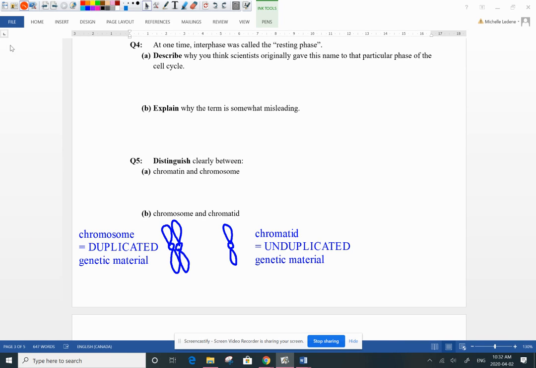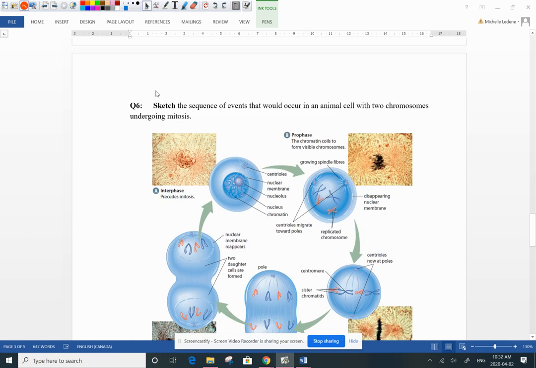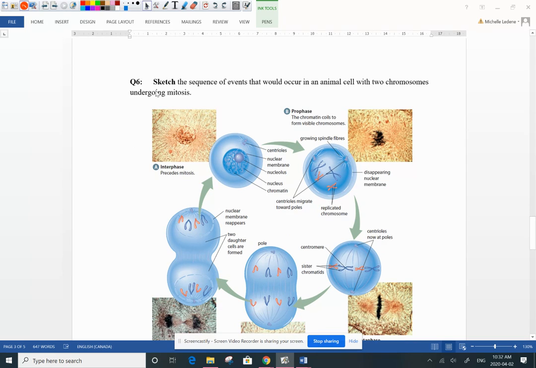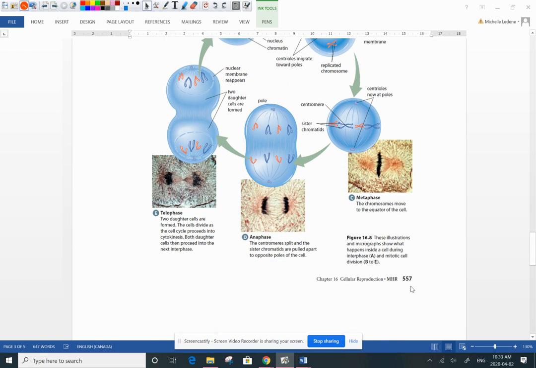All right, so as you are reading through this material and you're learning the details, this is what your textbook shows for the events in mitosis, and it goes through each of the stages. And this is found in your textbook on page 557. Like I said, we're going to go into more detail and talk about what's going on.